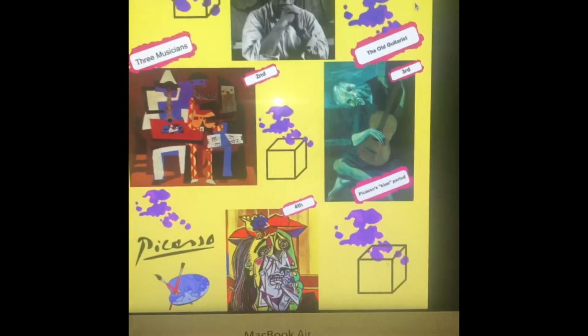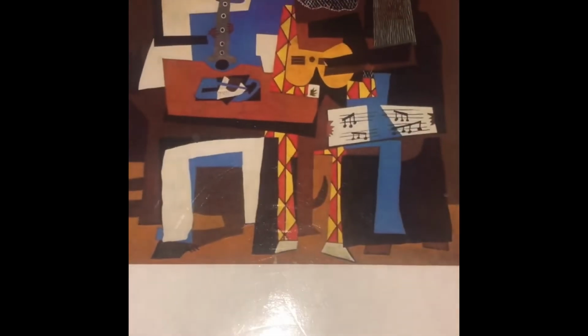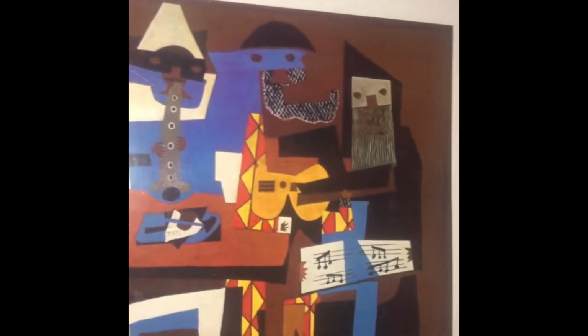Now I had that one hanging up in the art room as well. You may remember it. Here, let me put it up in front. Do you remember seeing this one? I had this one hanging in the art room. If you look carefully, you'll see that there are 3 people in this picture.